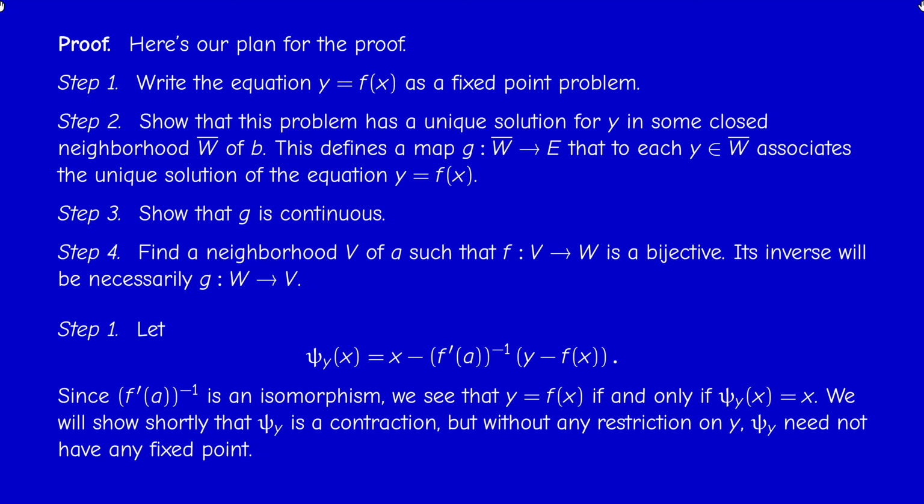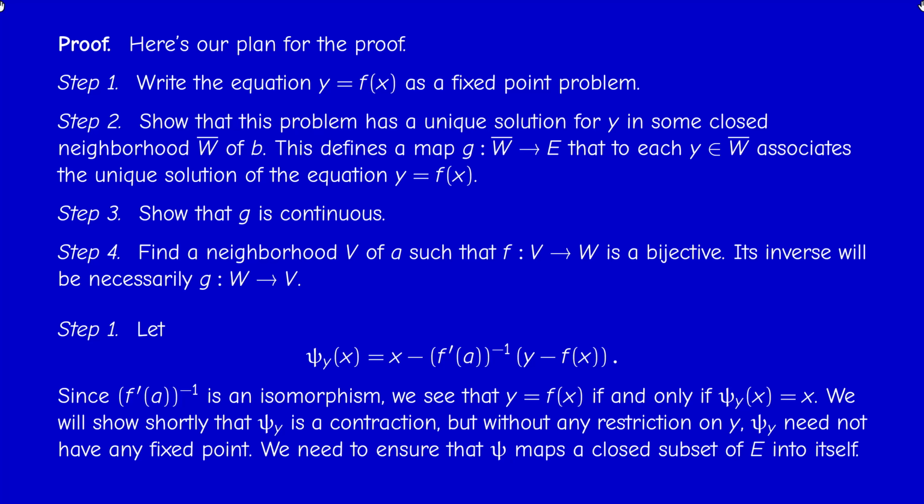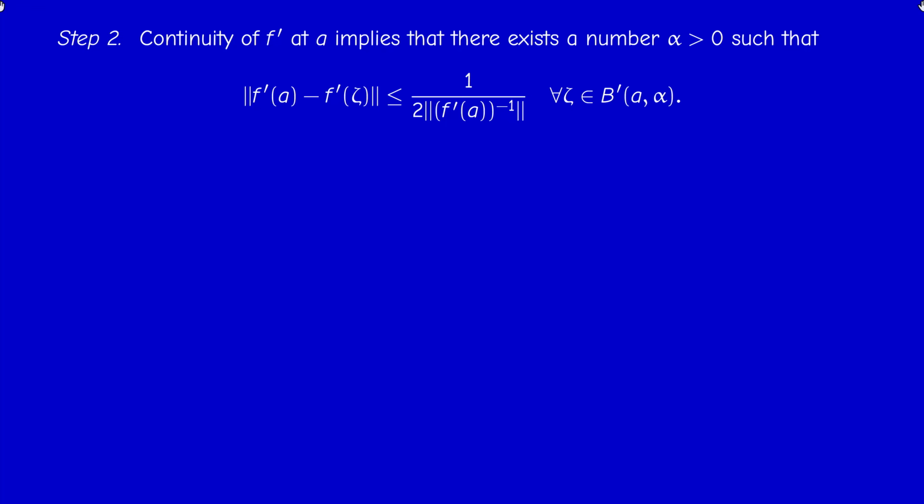However, psi sub y is always a contraction. Restricting y to vary in a neighborhood of b will dictate that psi sub y maps a closed ball into itself, and then you could apply the Banach fixed point theorem. So let us choose this restriction first.